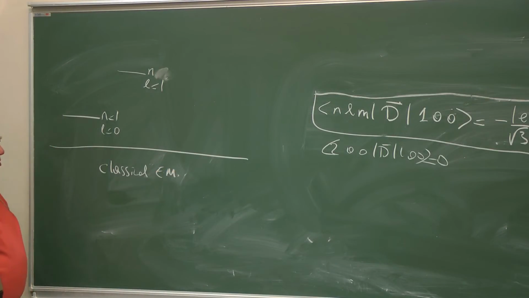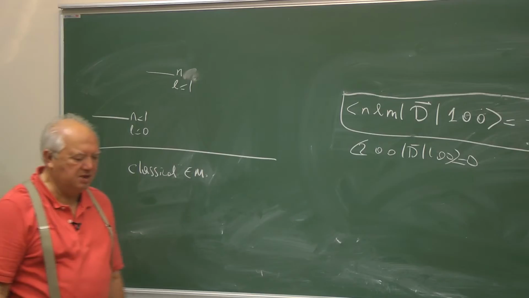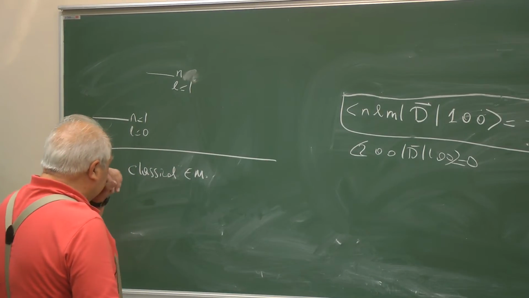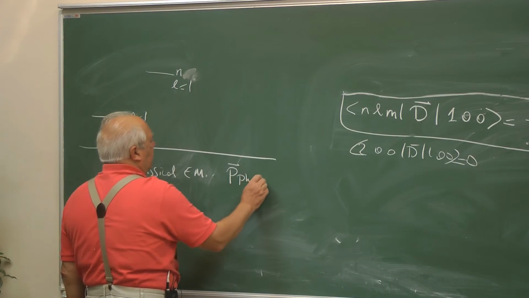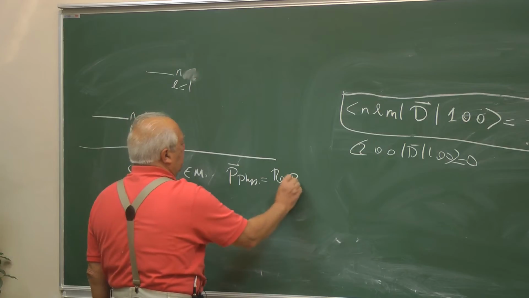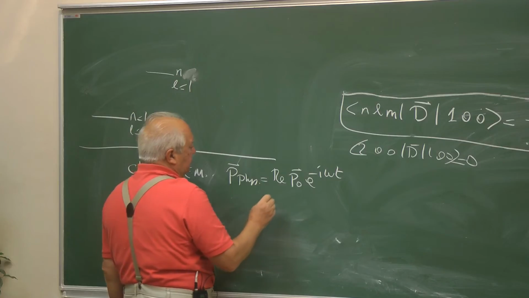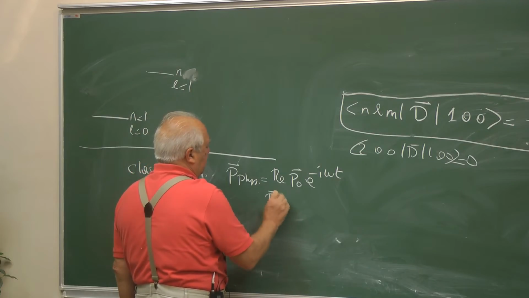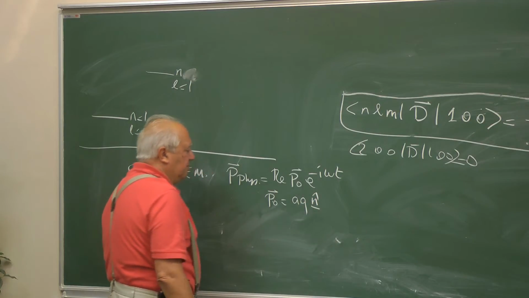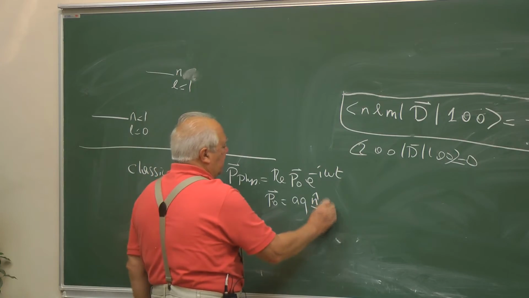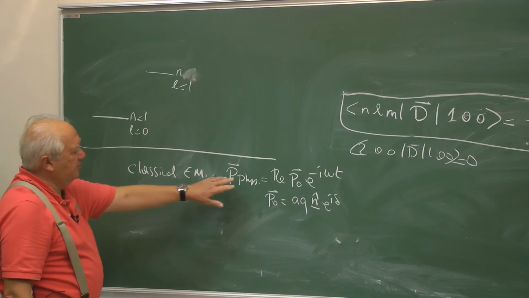If you have a dipole, suppose we are approximating a charge distribution with its dipole, and if dipole has this characteristic, if P physical is the real part of P0 e to the minus I omega t, and P0, let us take AQ, this is a unit vector in some direction, and you can even put a phase here, e to the I delta, complex vector. The physical, of course, the real part.